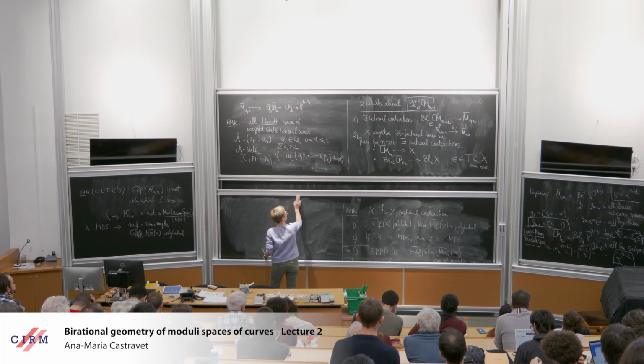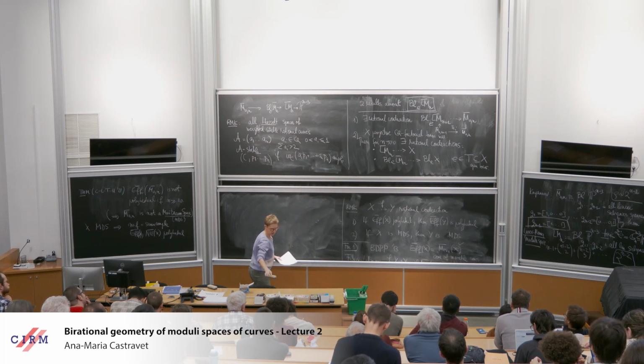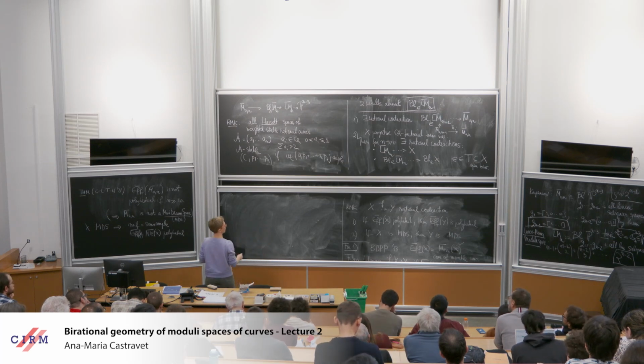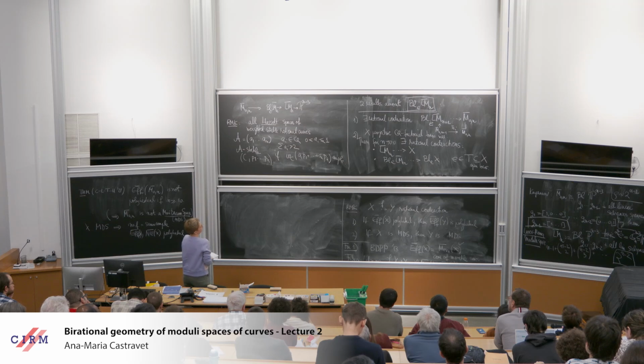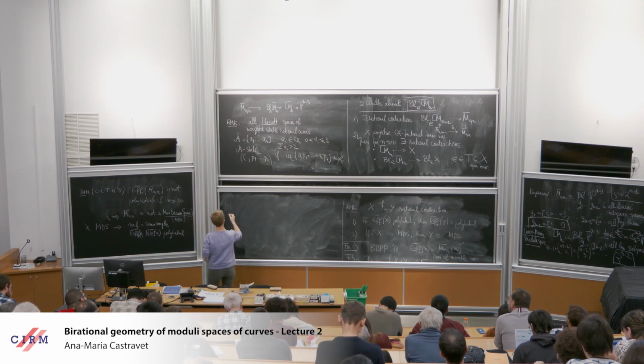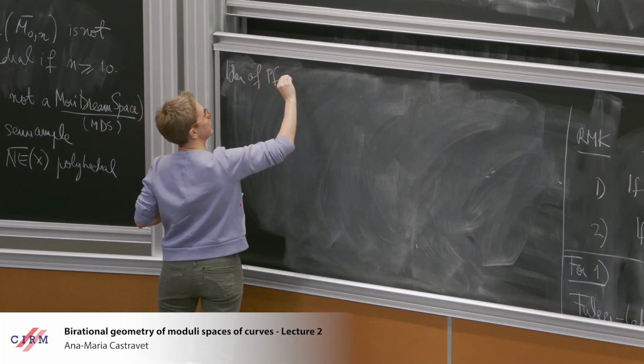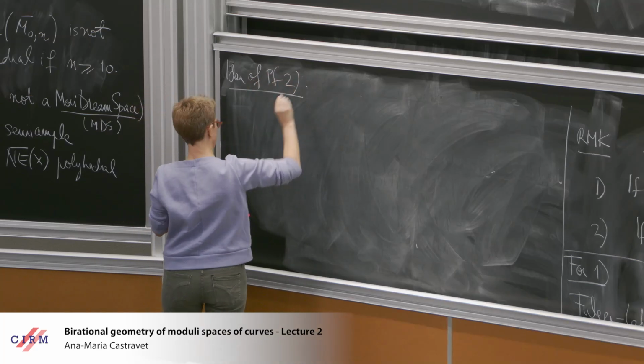Okay, let me just give a rough idea of the proof. The idea is that the Losev-Manin space is very symmetric. It's a toric variety associated to a permutahedron. So, more explicitly, the idea of the proof for the second part.